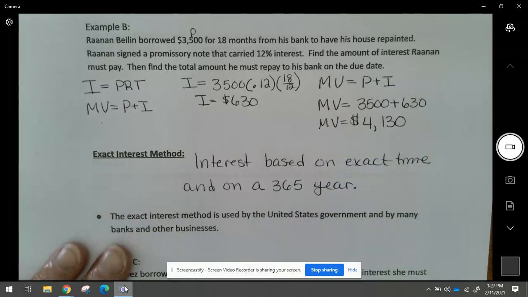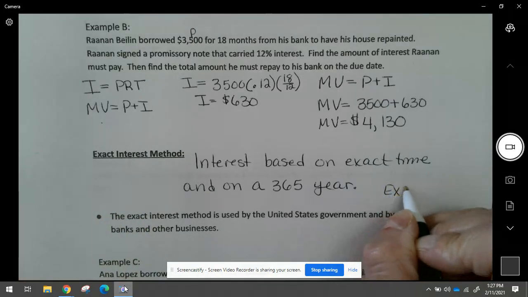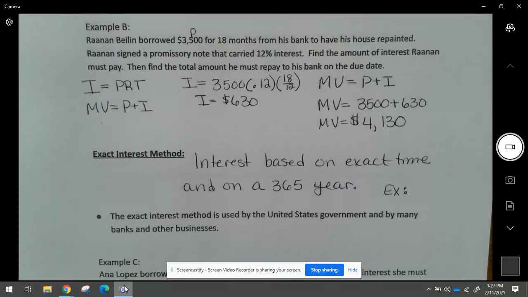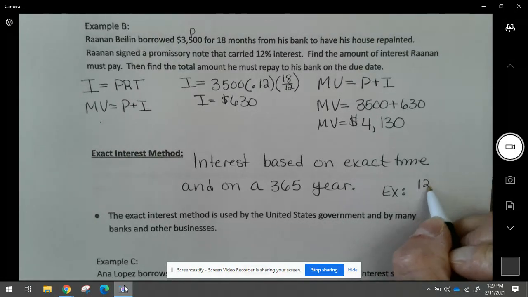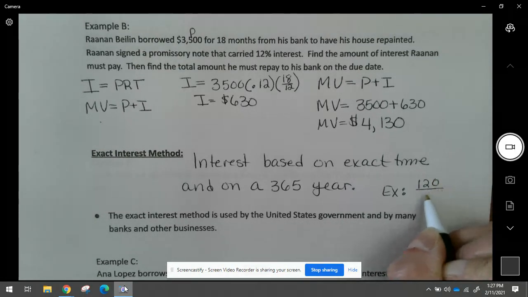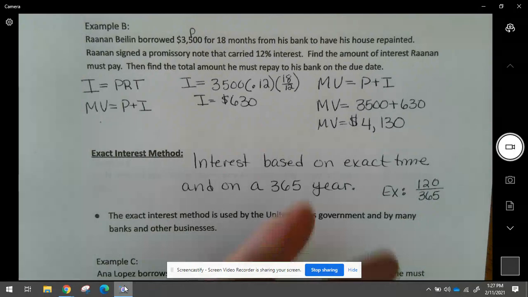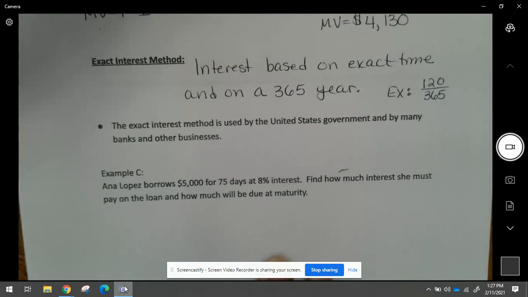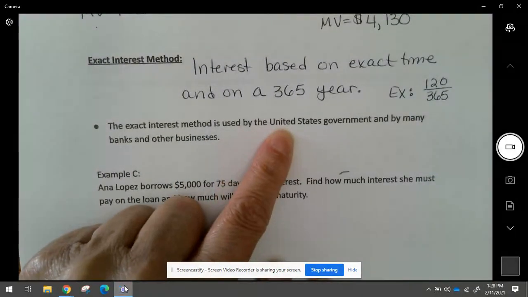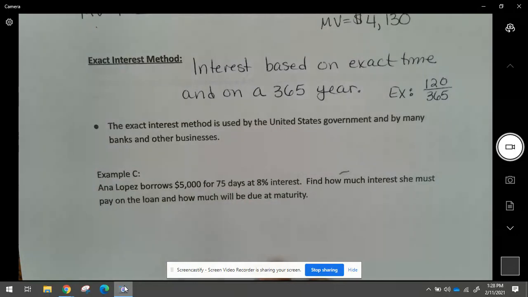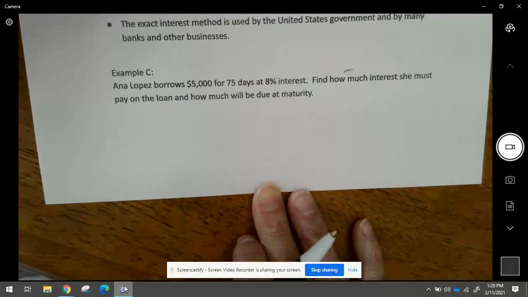So if you see problems that say exact, or if they give you a number of days, for example, I say I'm going to take a short loan for 120 days, when I calculate my interest, it would be 120 over 365. That's just one example. The government loans that students get for college loans, they use this a lot, as do other businesses and such.